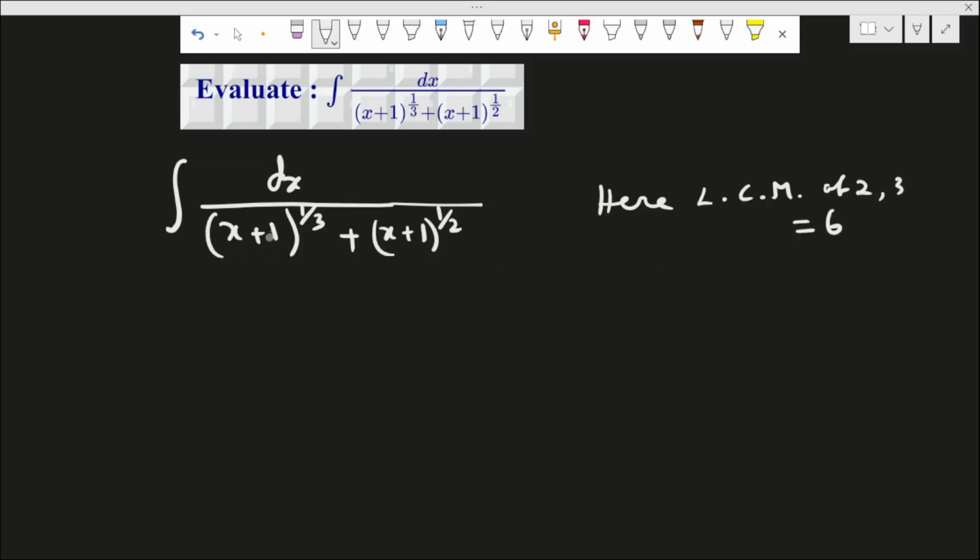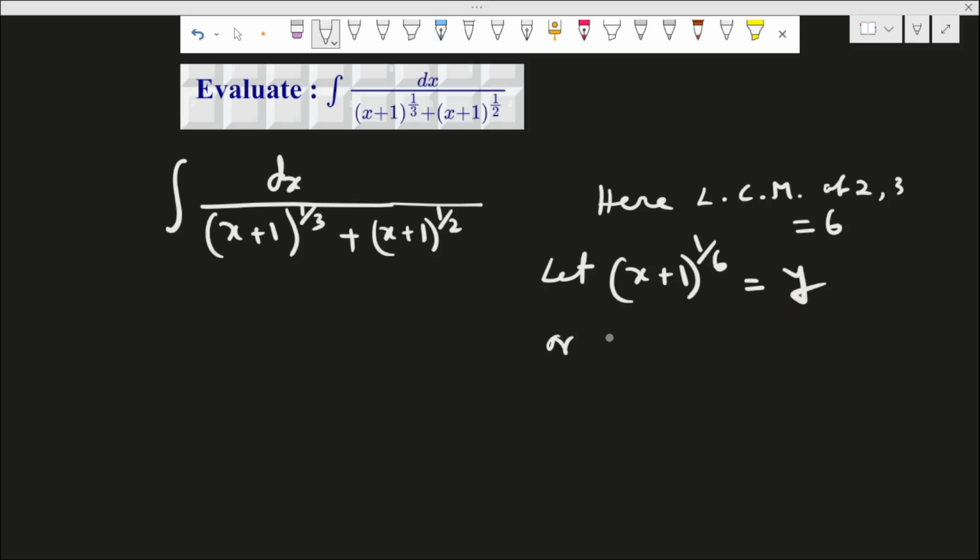After that we will substitute x plus 1 to the power 1/6. Why is it done? Because after substituting we will not get fractional indices, as 1/3 and 1/2 will be cancelled out. Let (x + 1)^(1/6) be equal to y.